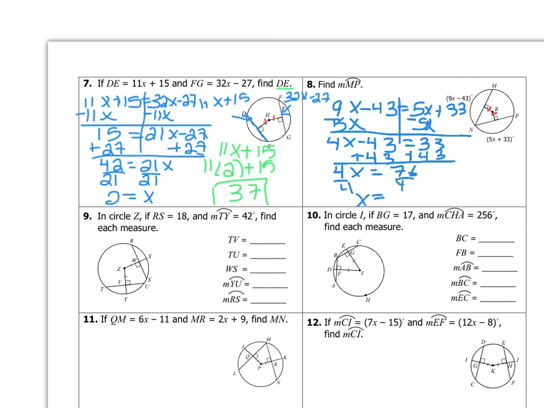And x equals 19, but it's not asking for x. It's asking for the measure of MP. And MP, so what we need to do is find the measure of this, and then this one's going to be the same, subtract from 360. So 5x plus 33, so 5 times 19 plus 33.